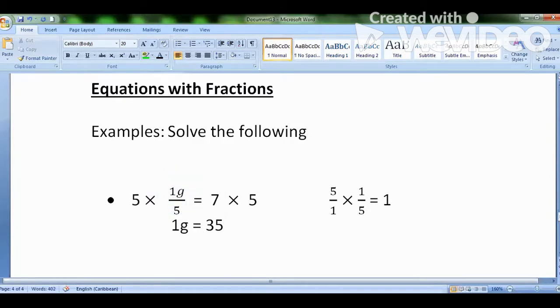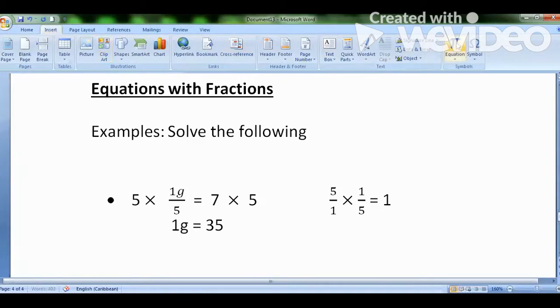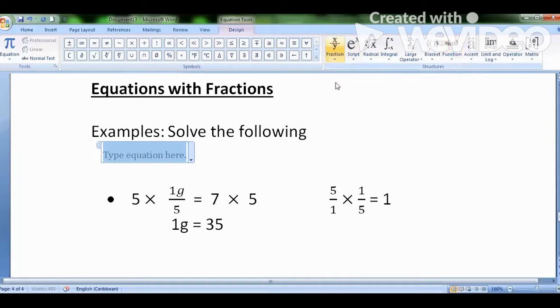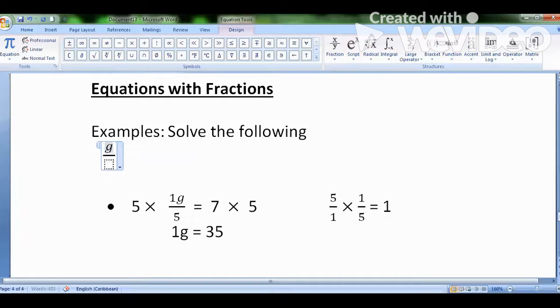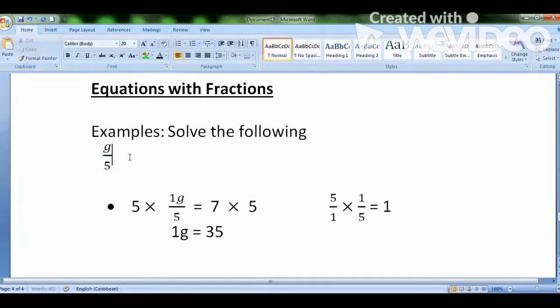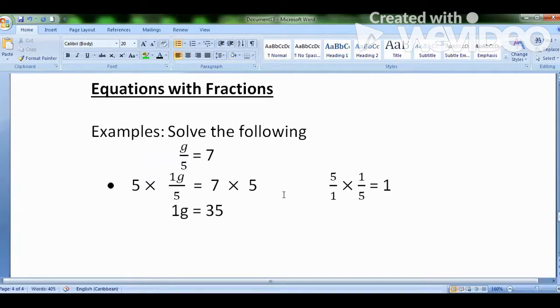Let me write it up here. G over 5, and that is equal to 7. That's the question. So G over 5 is equal to 7.